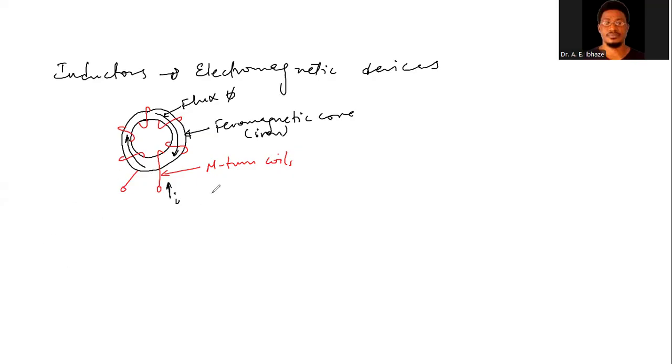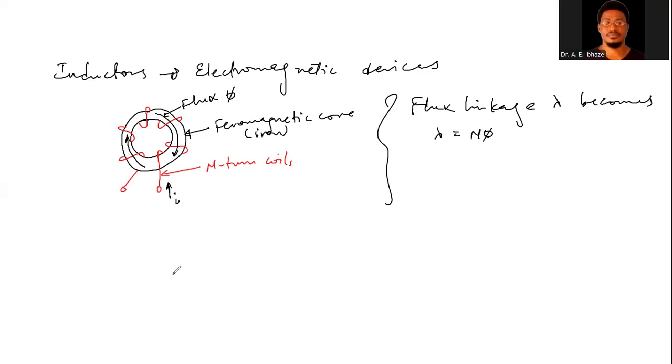So in this case, let's say the flux linkage, say lambda, becomes lambda equal to N phi.